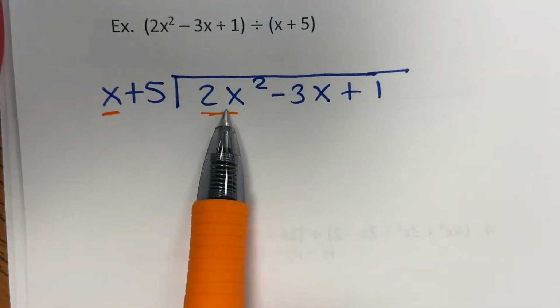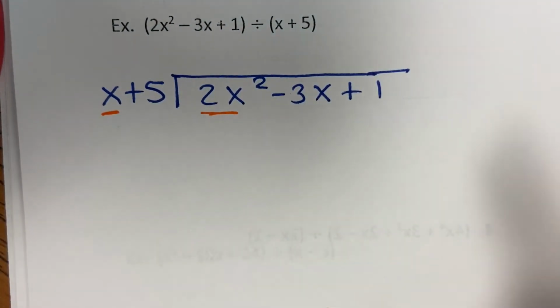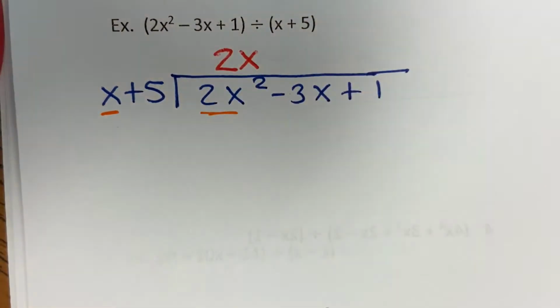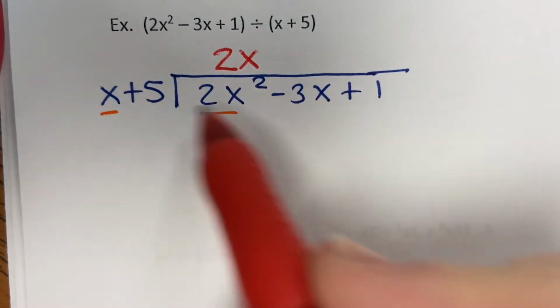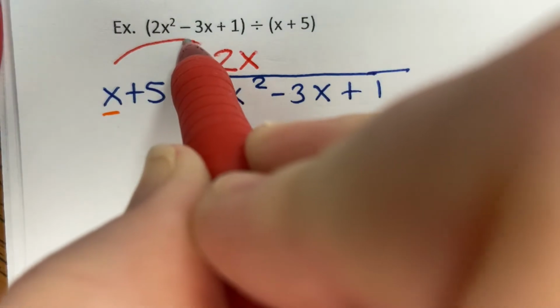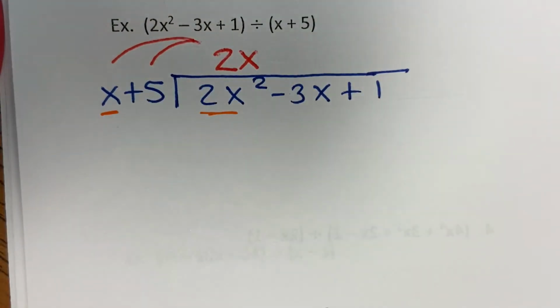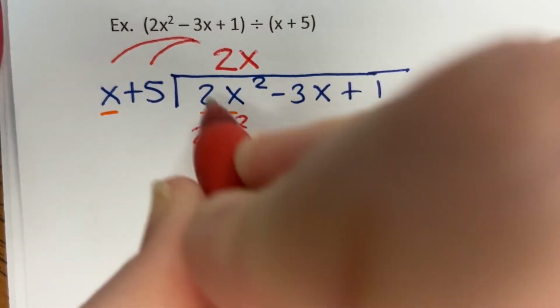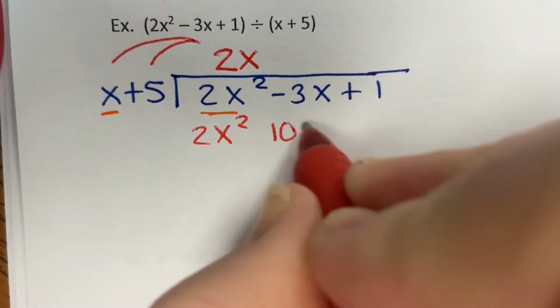So x goes into 2x squared how many times? It's easier to think about that as what could I multiply x by to get 2x squared? And it would be 2x, because 2x times x is 2x squared. So I'm going to multiply, but you don't just multiply the first term, you have to multiply it to both. So it's kind of like distribution. So we have 2x squared and then 10x.